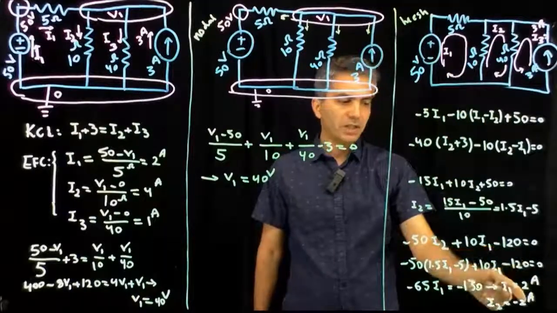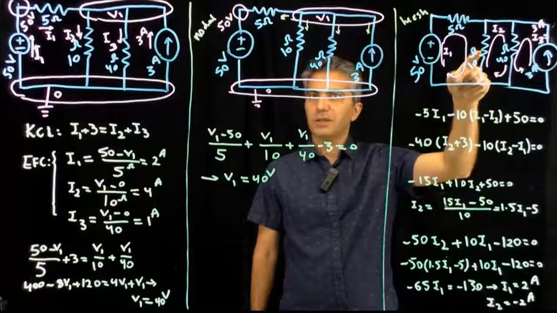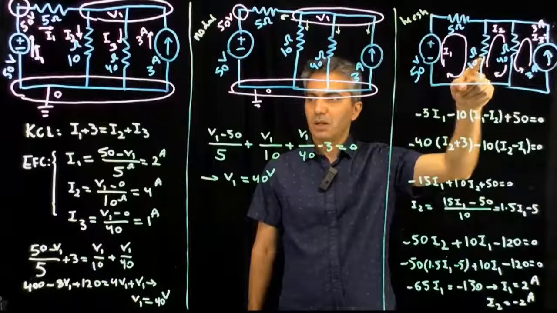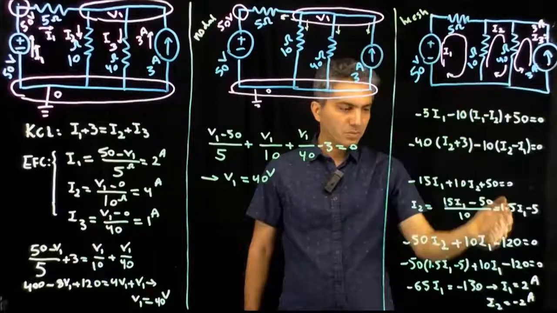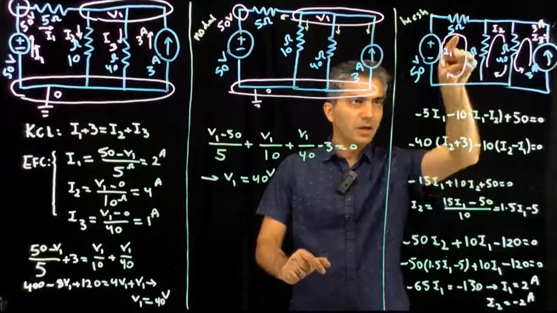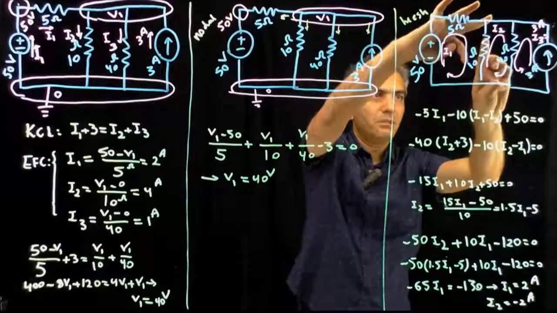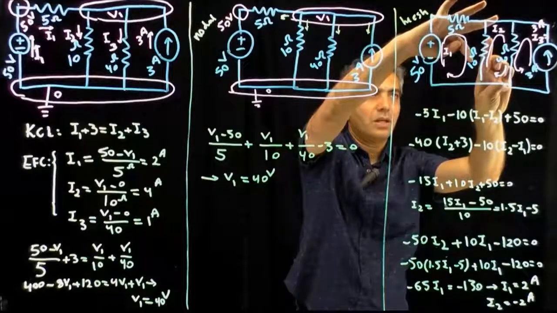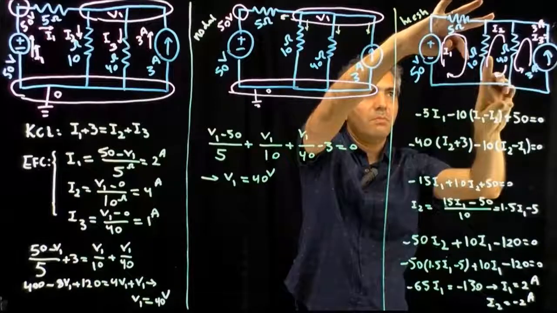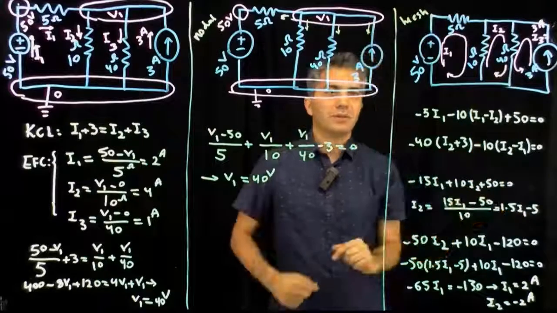So once you calculate I1 and I2, then you have to go back and calculate the current passing through the 10 ohm. So with this, you just see that the current going down is 2 amp, the current going up is minus 2 amp, so the current that is passing through is the 2 minus the minus 2, which is 4 amp.